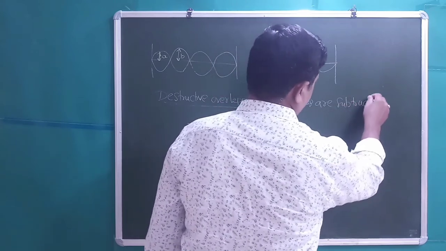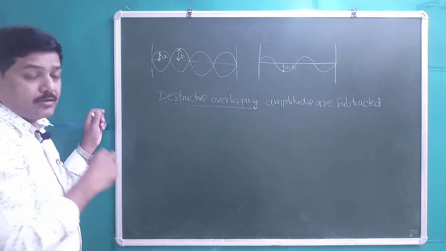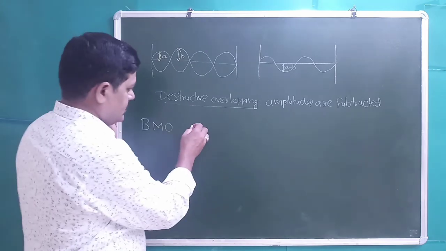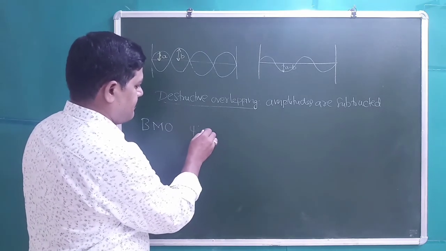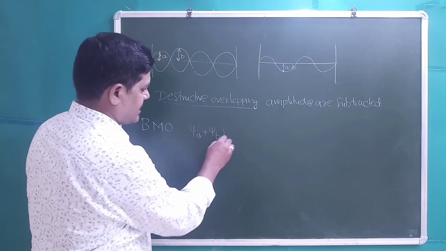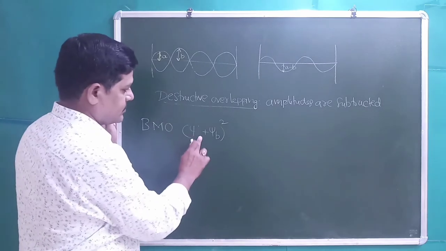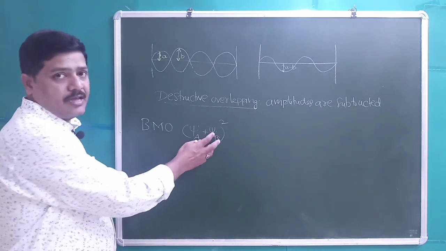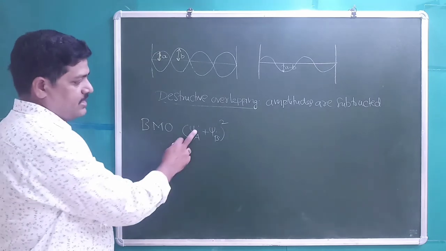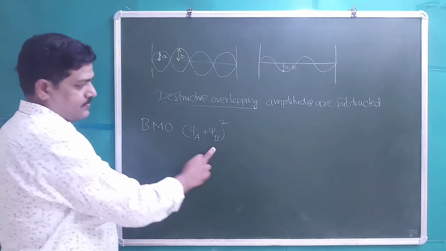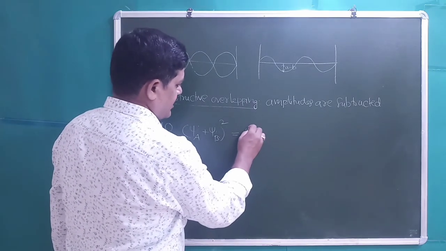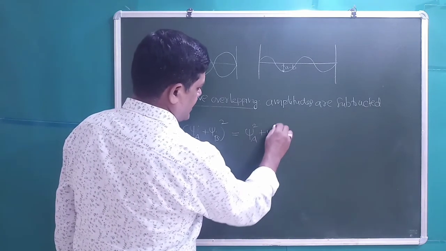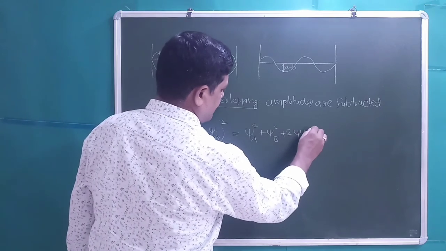Students, for the bonding molecular orbitals, psi square will be psi a plus psi b whole square, which we can write for the two hydrogen atoms. Expanding with the a plus b whole square formula, we get psi a square plus psi b square plus 2 psi a psi b.